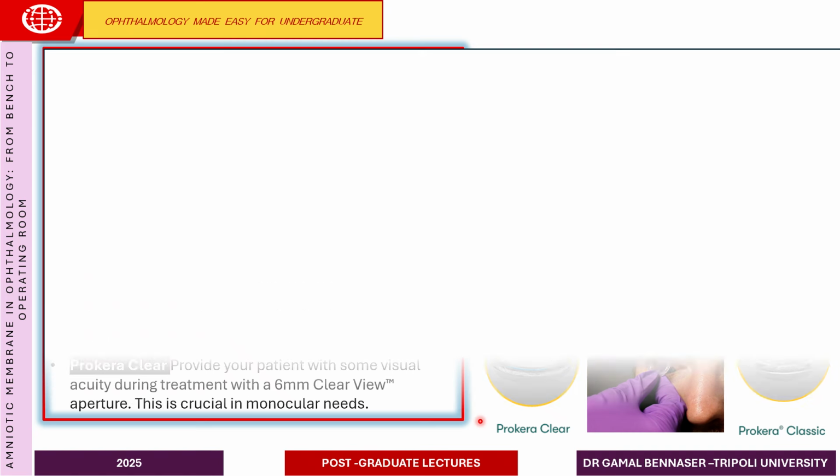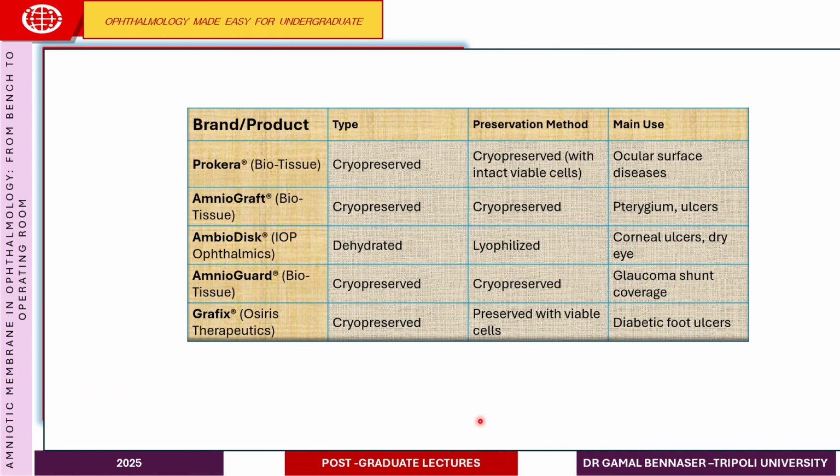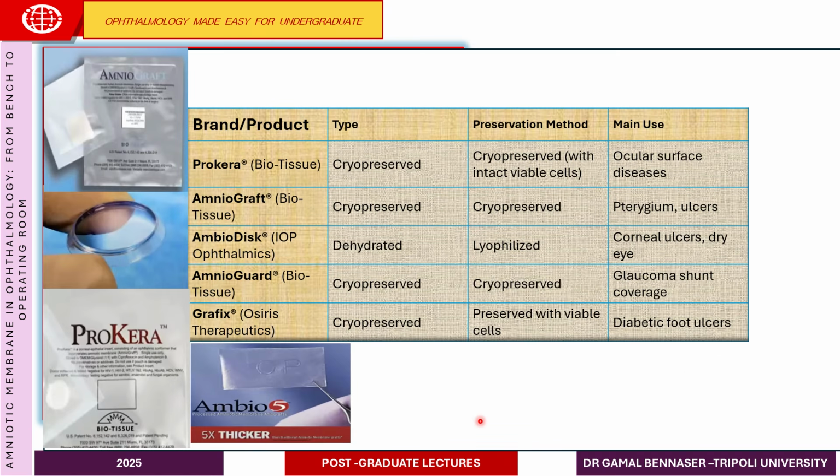Now, there are other types in the market like the Amniograft, which is also a cryopreserved one, and is used also for pterygium and ulcers. Also, you have the AmbioDisc, which is a dehydrated amniotic membrane preserved by lyophilization, used also for corneal ulcers and dry eye.